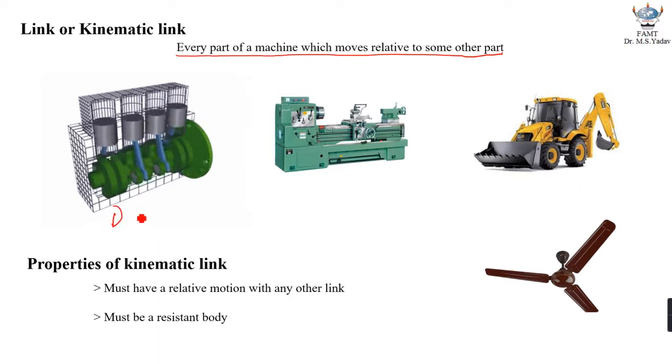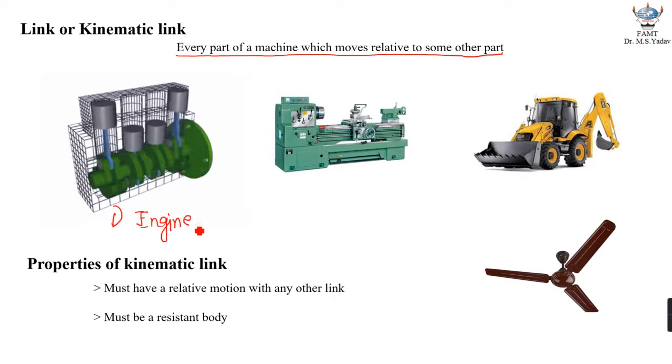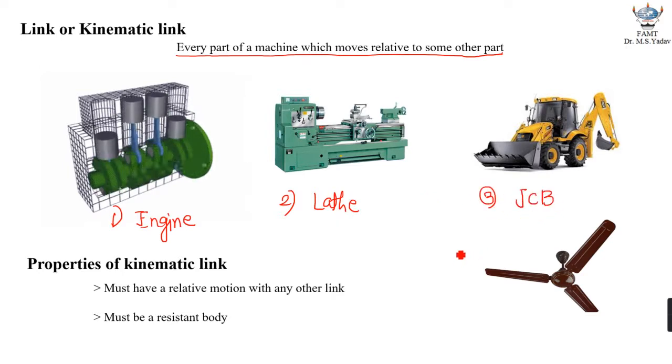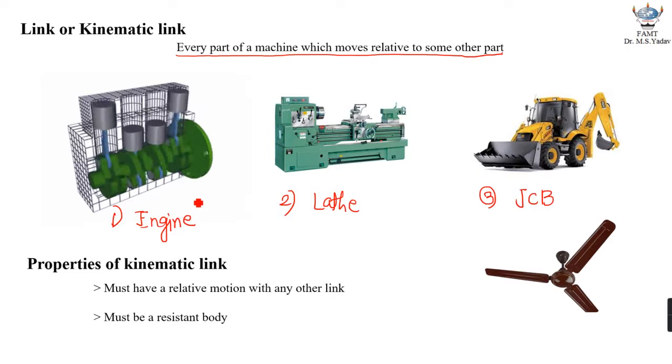The first one is internal combustion engine. The second one is lathe machine. And the third one is JCB, which is an earth moving equipment. Now, all these machines have different parts. An internal combustion engine consists of piston, connecting rod, crankshaft and cylinder.